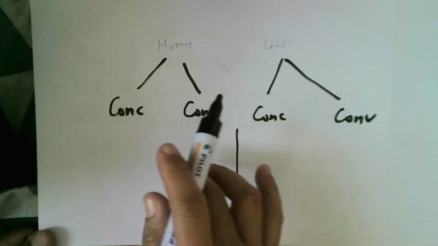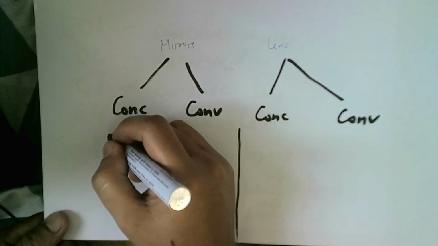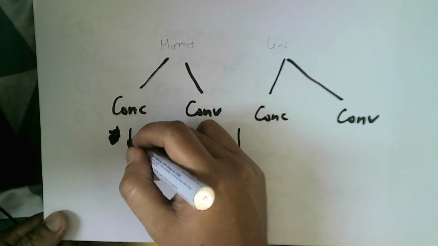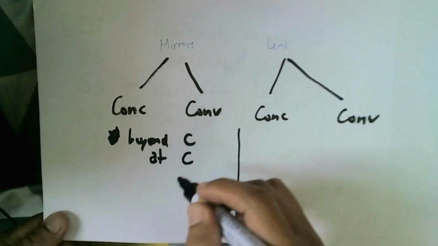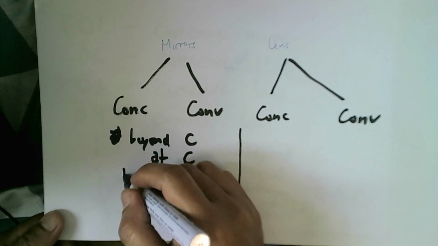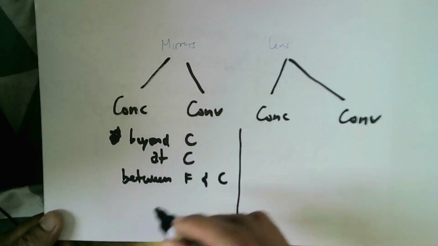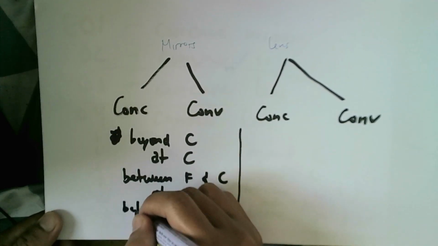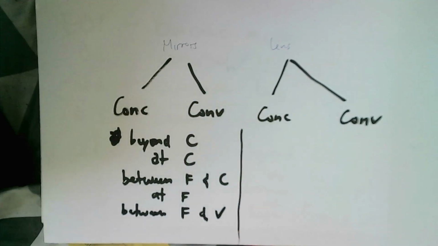I mean, in each type of device, like a concave mirror, you can have five cases, which is if the object is placed beyond C, if the object is placed at C, if the object is placed between F and C, if the object is placed at F, or if the object is placed between F and V, right?